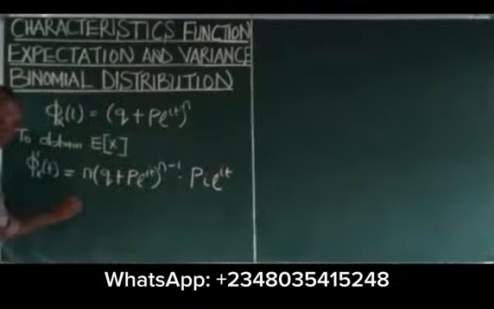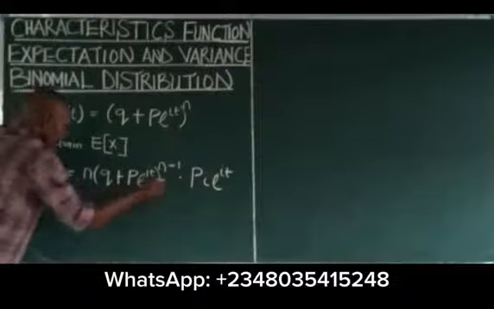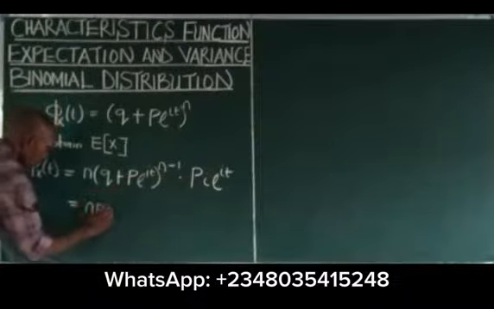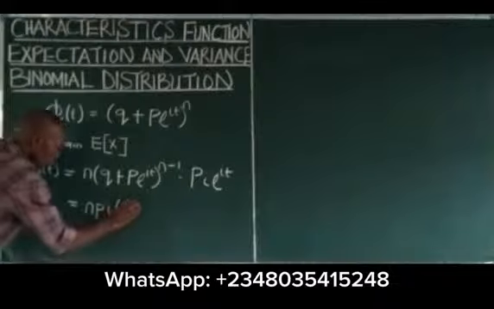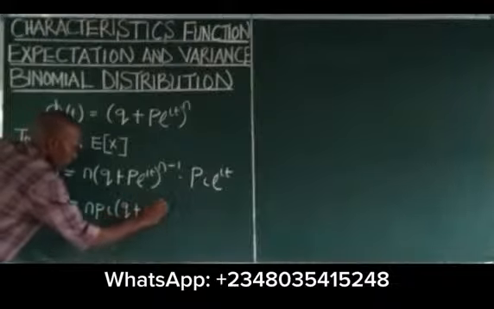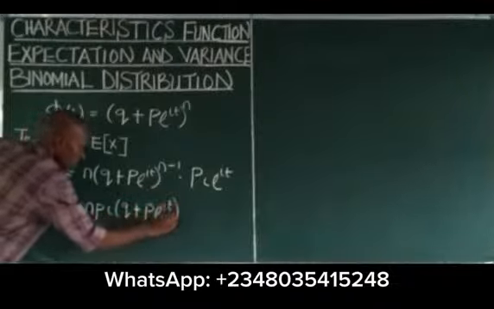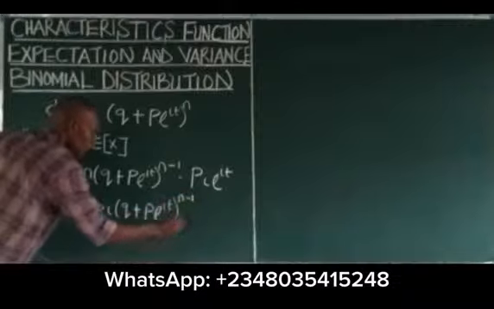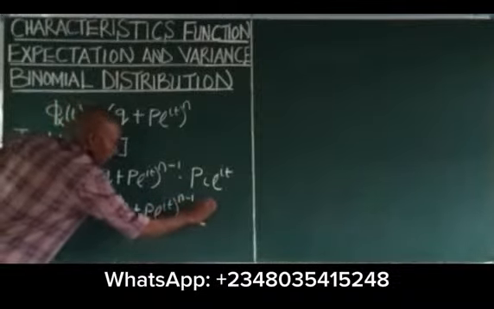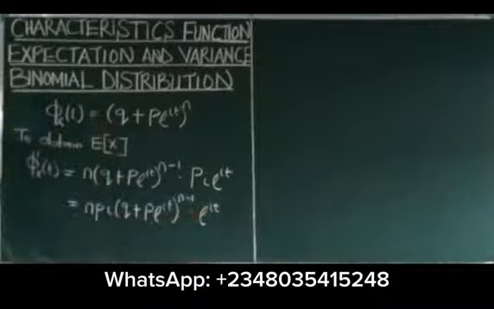Rearranging this, we can write it as n, we bring down this p i, into (q + p e^{it})^{n-1} multiplied by e^{it}. So this is the first derivative of t.